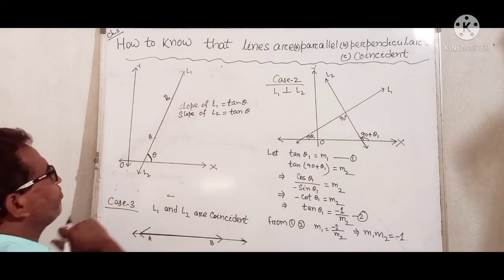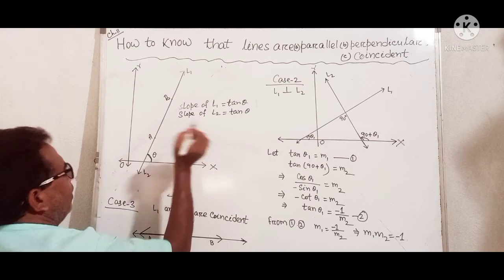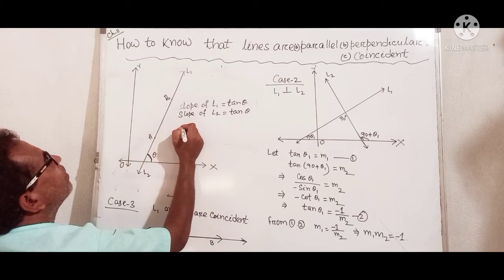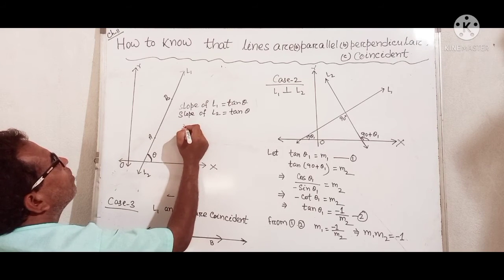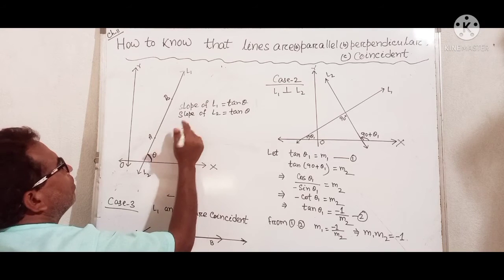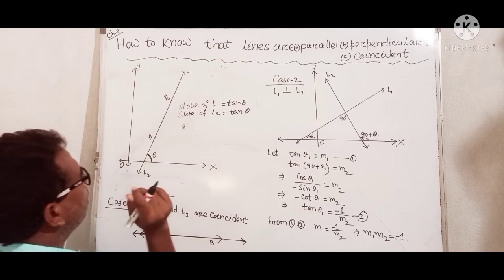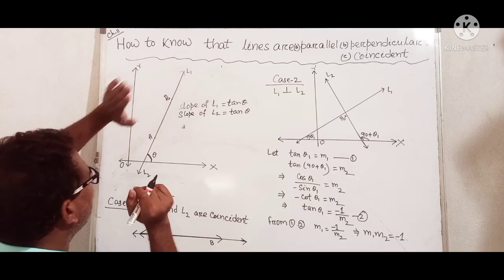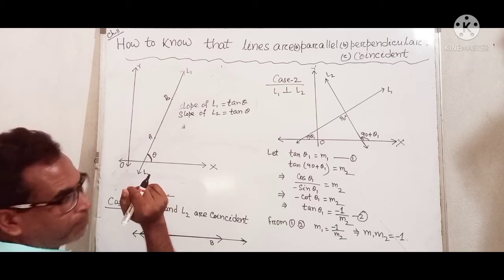So, let's say an example. You see L1 and L2, you will have to take 2 points.